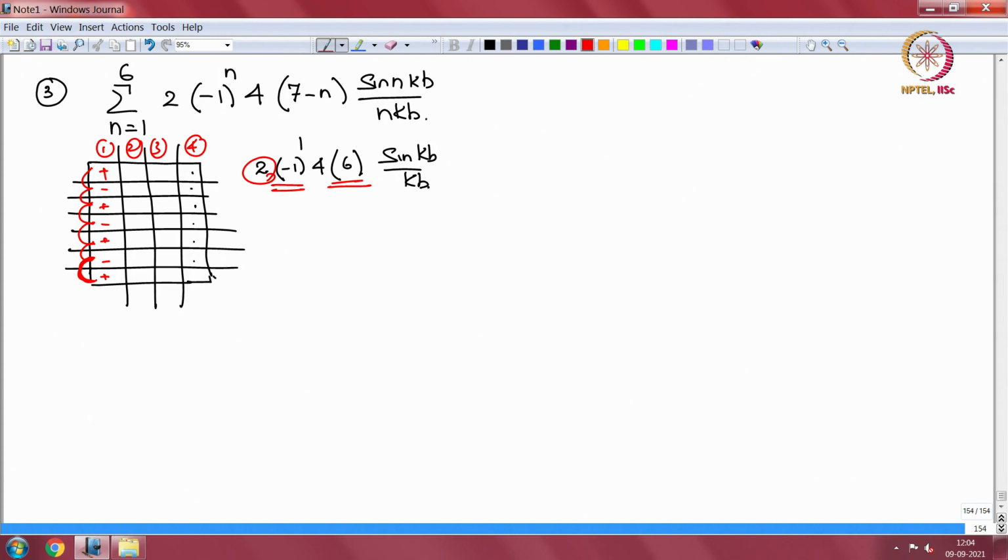Similarly, next term is twice minus 1 to the power 2, 4 into 5, sine 2kb by 2kb. So these are interactions with a 1 cell gap. 1 interaction, 2 interactions, 3, 4 and 5.